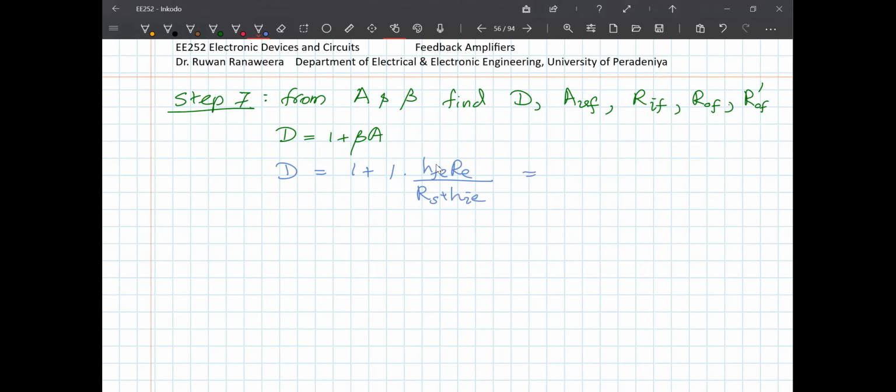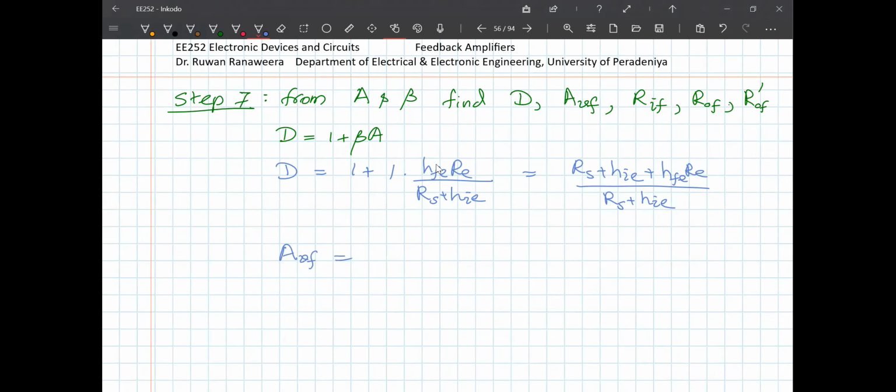So I can bring this as RS plus HIE plus HFERE divided by RS plus HIE. So this is my D. Now it is easy to find each of the other quantities.